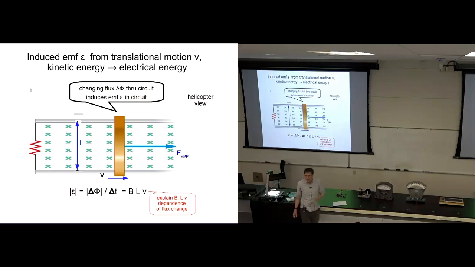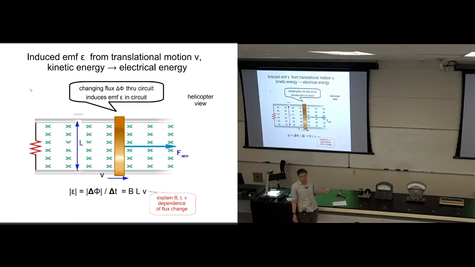We said qualitatively, based on our understanding, that if you move that rod left or right, you're going to change the number of field lines that pass through the circuit. If you change the number of field lines that pass through the circuit, you're changing the flux through the circuit.